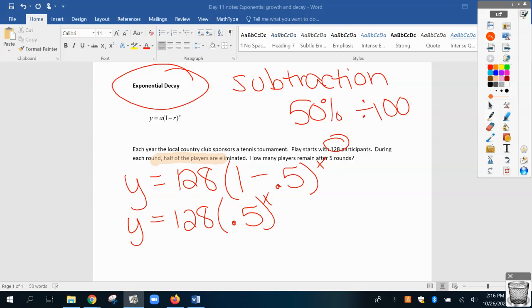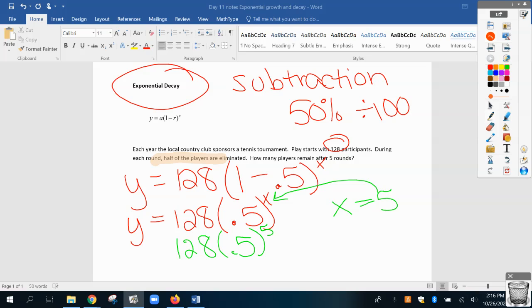This question then asks us how many players remain after 5 rounds. So if we want to know how many players remain after 5 rounds, what do we want x to equal? We need x to equal 5. So we're going to plug in 5 for x, evaluate, and select what value you get.